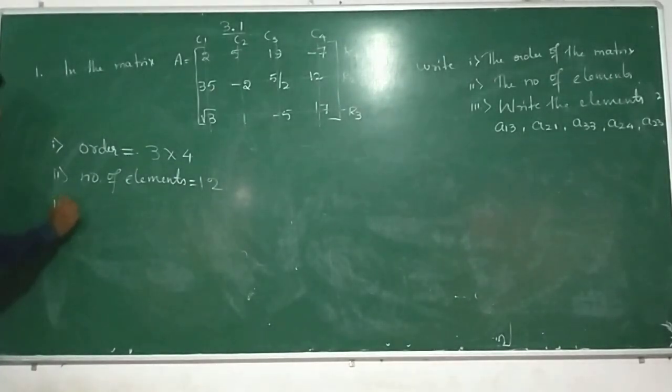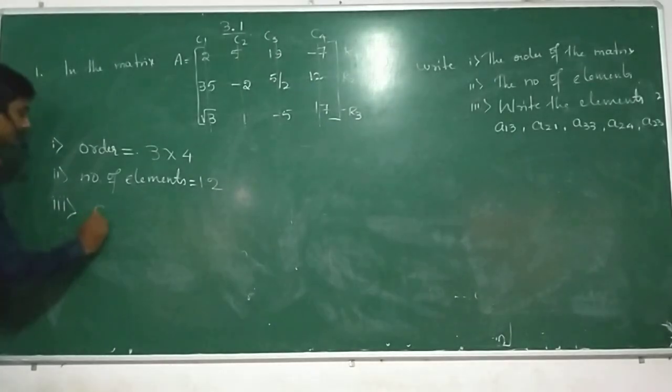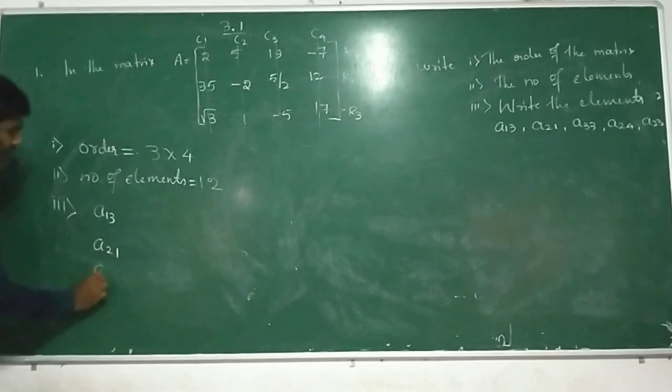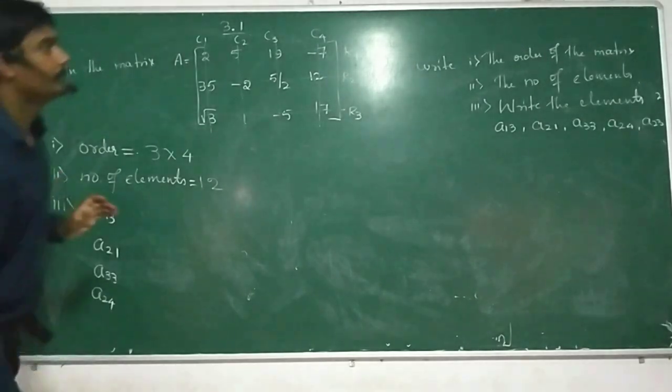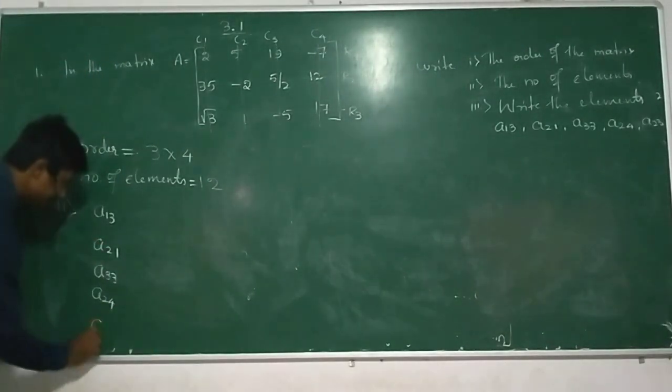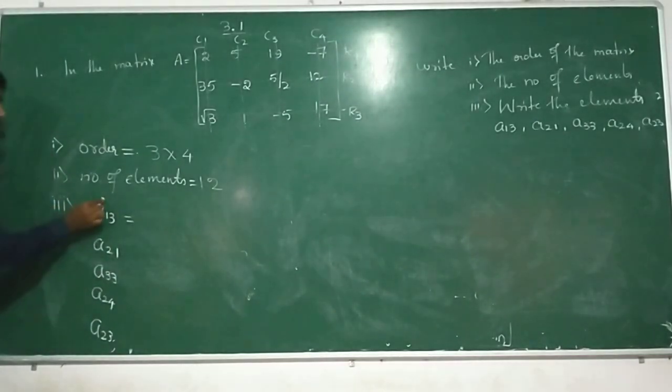Right. So in the third bit, we are asked to write down the elements A13, A21, A33, A24, A23. What does this A13 indicate?